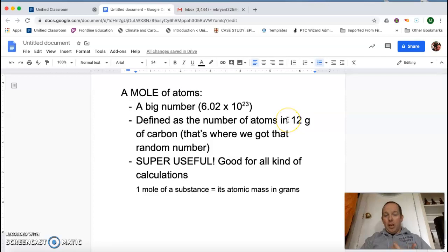If you look on the periodic table, you'll notice that the mass of carbon is 12.011. It's as given on the periodic table, and basically what scientists figured out is that if we had about 12 grams of carbon, that amount of carbon would contain about 6.02 times 10 to the 23rd atoms.